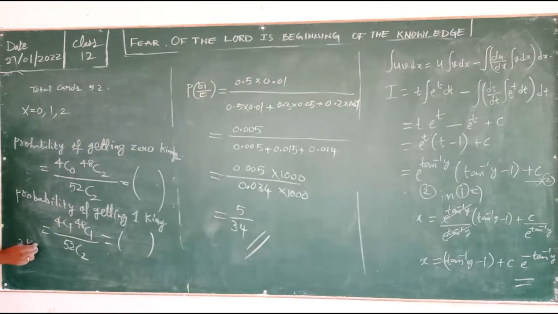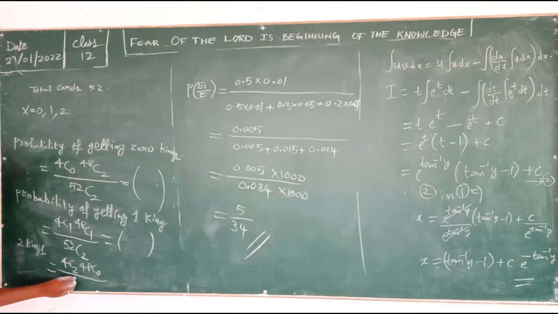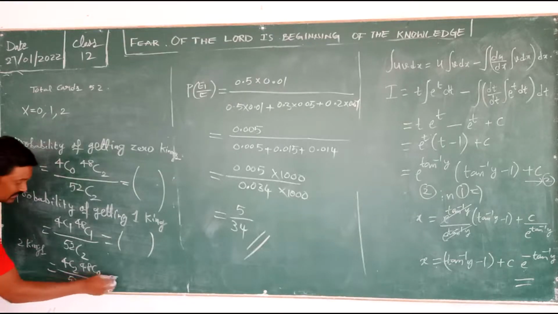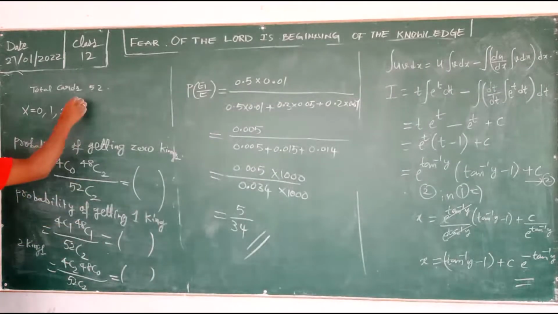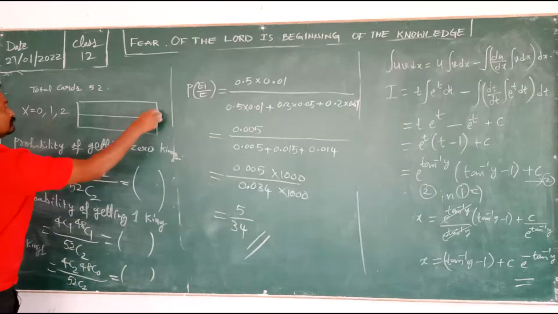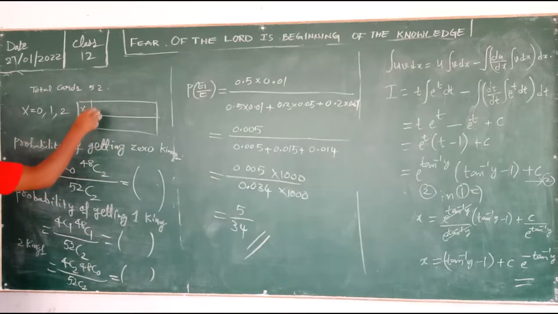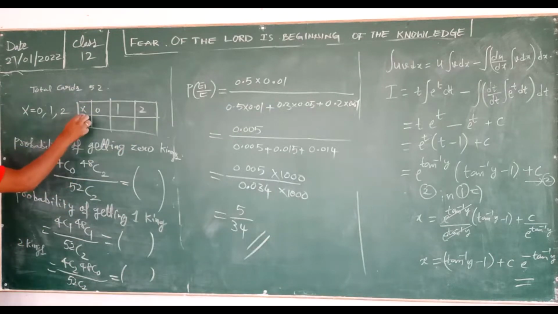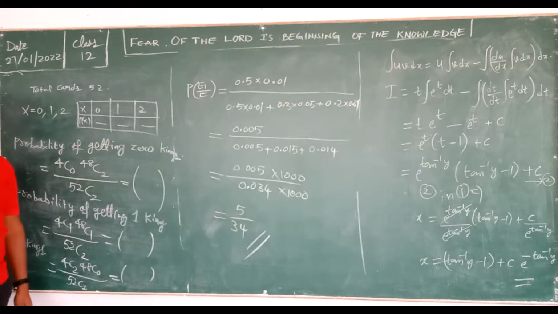Similarly, the probability of getting two kings: 4C2 times 48C0 over 52C2. Solve this, get the answer, and make a table with x as 0, 1, 2 and p of x. Here you will get the probabilities, and using them find the mean and variance.